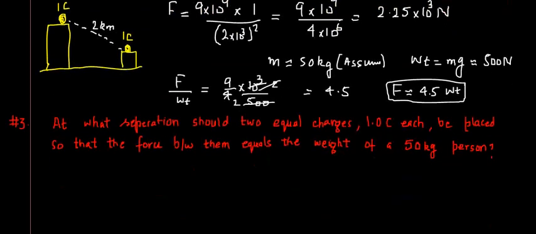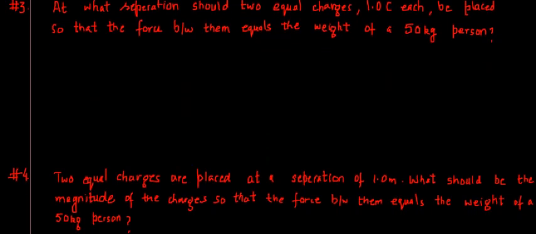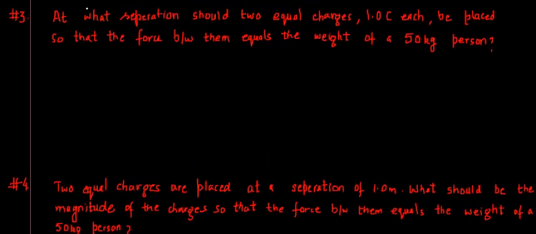Okay, let's move forward. Let's do another question. So, at what separation should two equal charges, 1 coulomb each, be placed so that the force between them equals the weight of a 50 kilogram person?